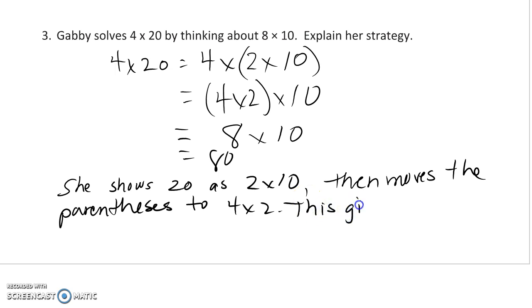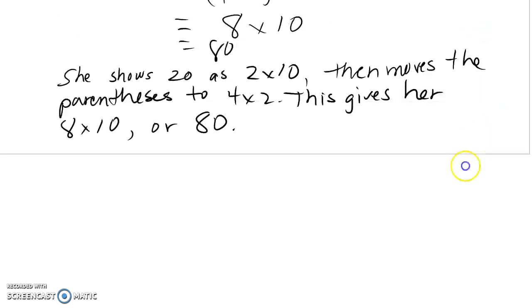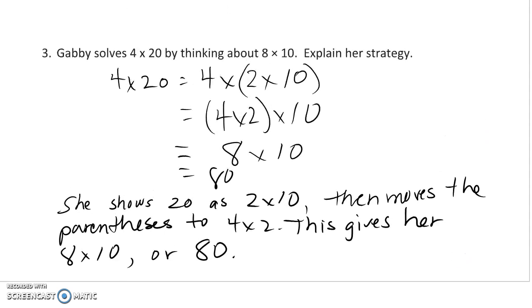This gives her 8 times 10, or 80. Okay? So take those big 2-digit numbers, make them into a simple tens fact, move your parentheses around your non-10 numbers, so the 4 and the 2, and then solve from there. All right, I think that's all. That is lesson 20. So go ahead and get started on that homework.